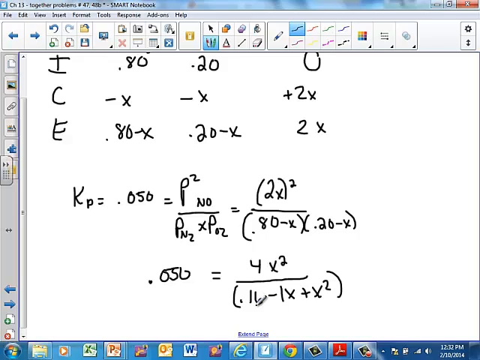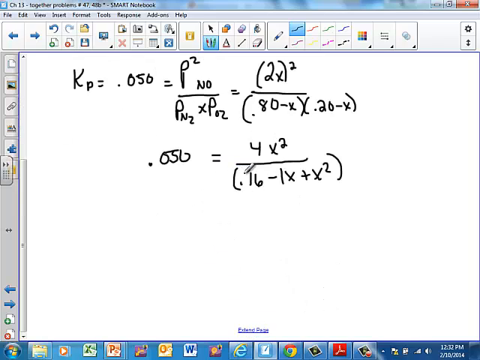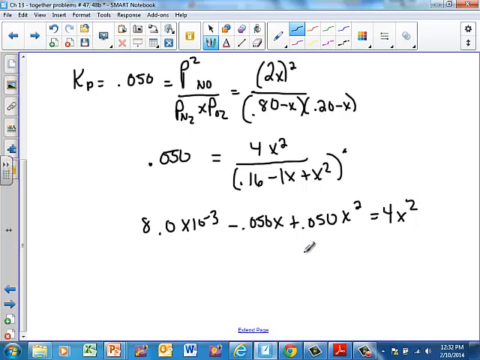And so obviously my next step in manipulating this would be to take 0.050 and multiply all of these things out. So if I multiply both sides by this right here, what I end up with is going to be 8.0 times 10 to the negative third minus 0.050x plus 0.050 x squared, and that's going to be equal to 4x squared.